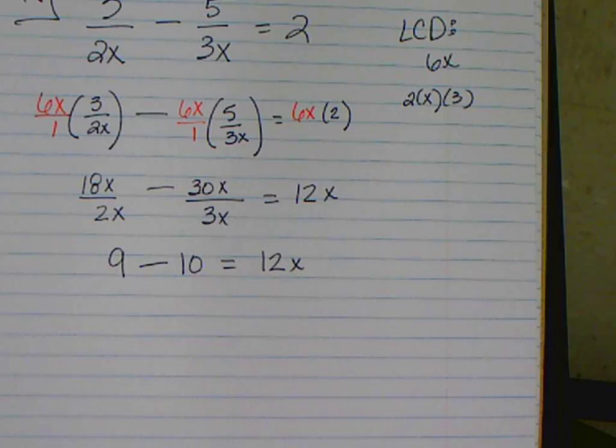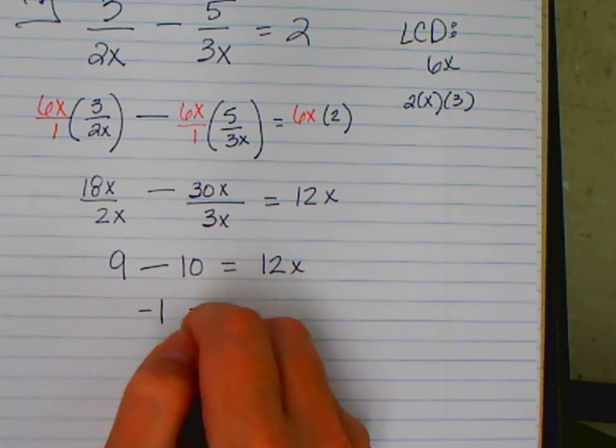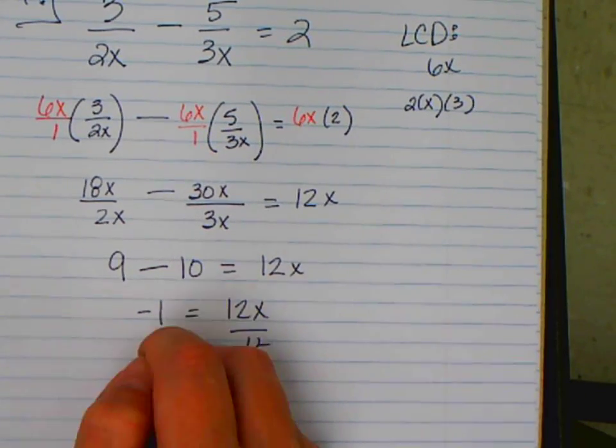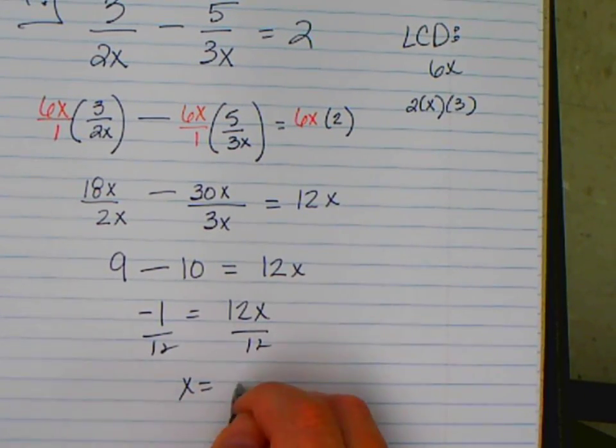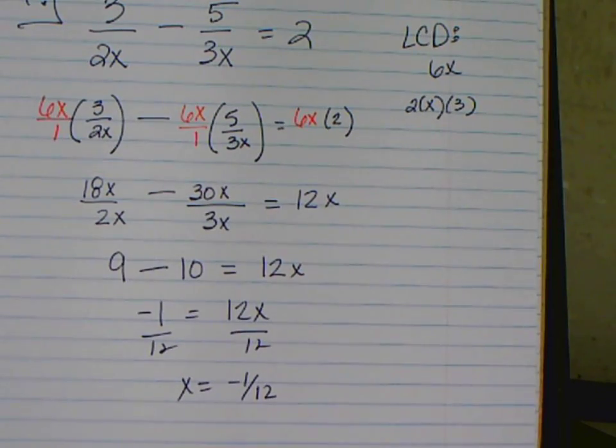Can you get a fraction? It's 9 minus 10, -1. -1 equals 12x divided by 12. x equals -1/12. And that's going to be fun to check. And if I turn it into a decimal, it's repeating.